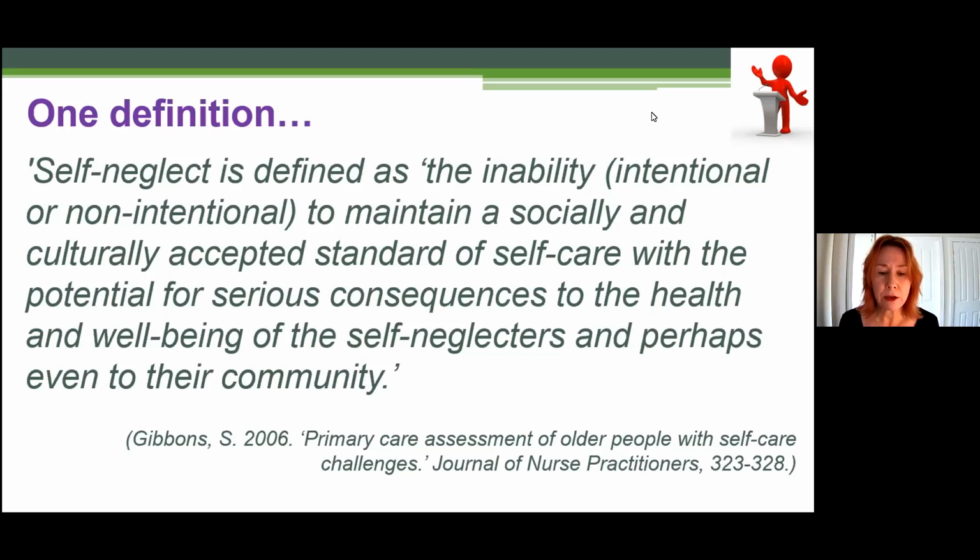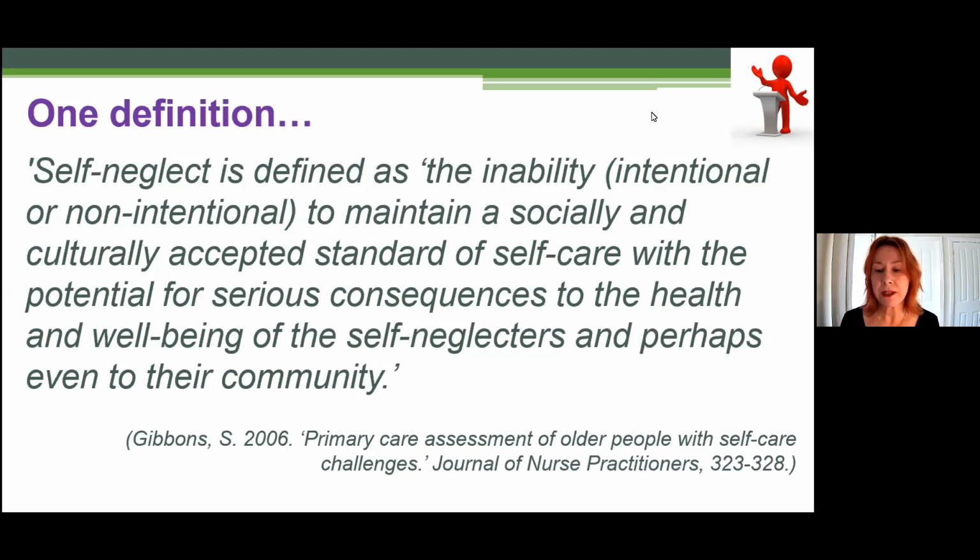This definition also talks about socially and culturally accepted standards of care. It's not saying we're measuring people against standards that are not culturally sensitive. It's not saying that at all. It's just making it clear that we're talking about the here and now. So 2021, not 1940. England, not another country.